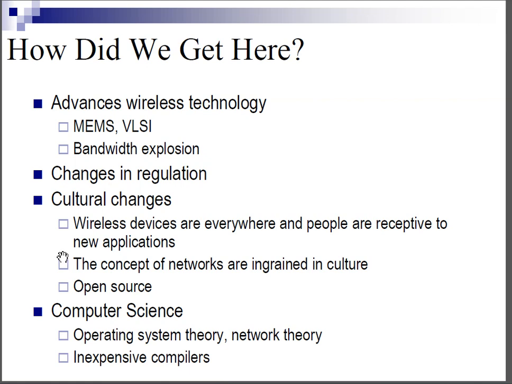VLSI is very large scale integration, the technology of putting millions of transistors into a small chip. That is the technology that enabled us to reach the situation now, to be able to have a wireless sensor network.